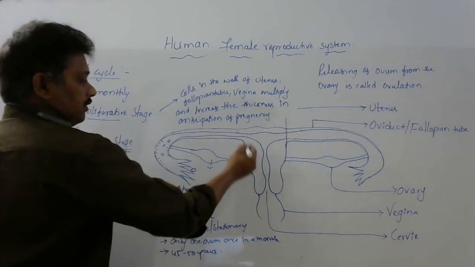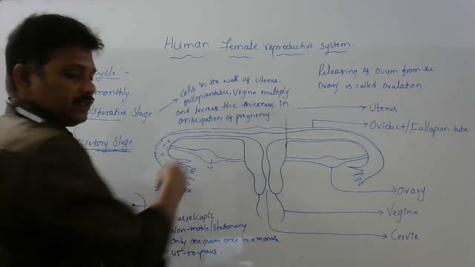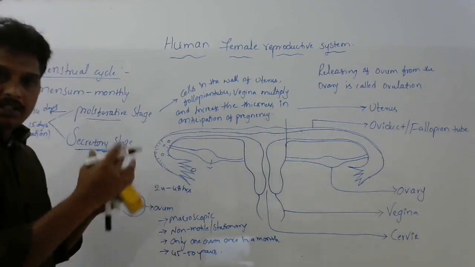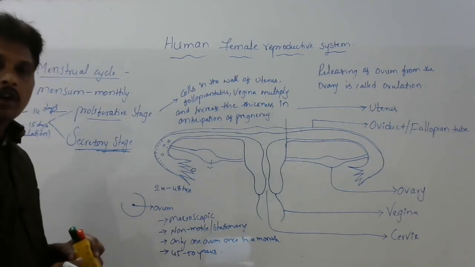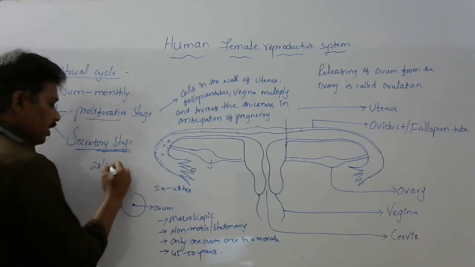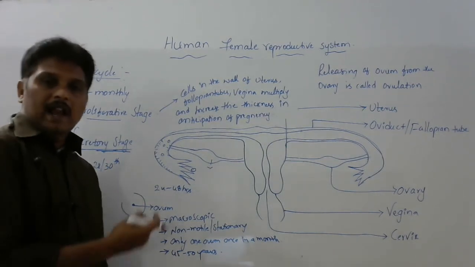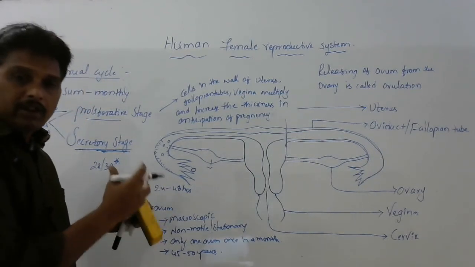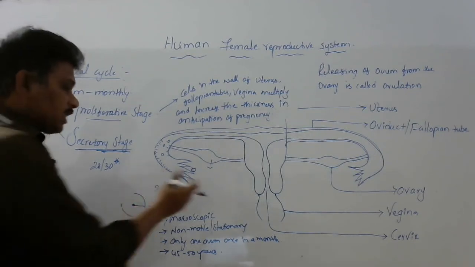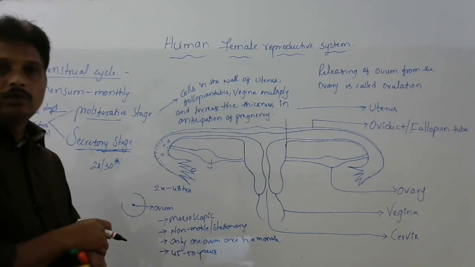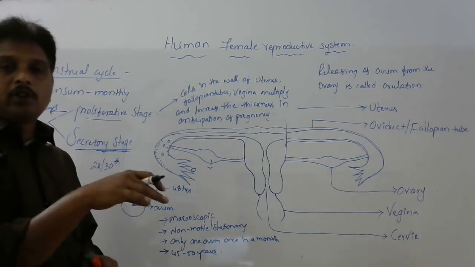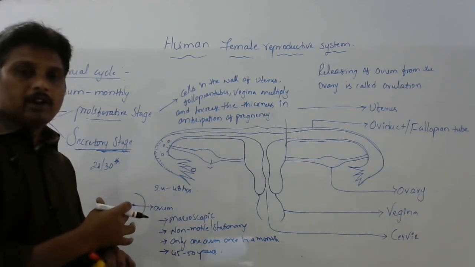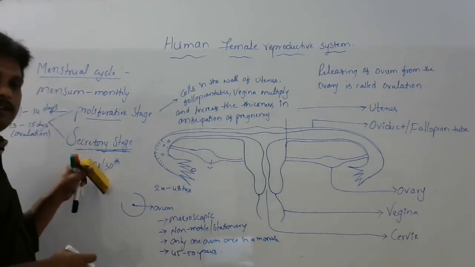Gradually, the thickened walls of the uterus, fallopian tube, and vagina, the cells slowly detach, and exactly on 28th or 30th day, the excessive cells along with the disintegrated ovum, because ovum lifespan is 24 to 48 hours, are expelled to outside through vagina, along with some amount of blood, because when cells detach, blood capillaries may rupture and blood is also released. That is called menstrual cycle.